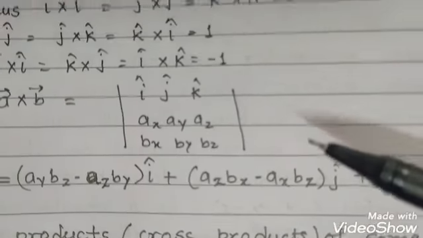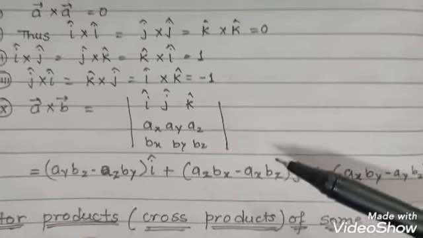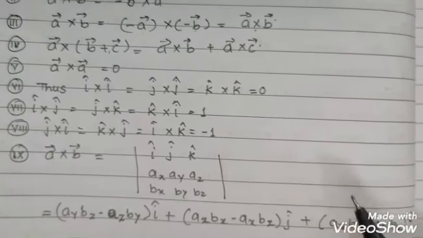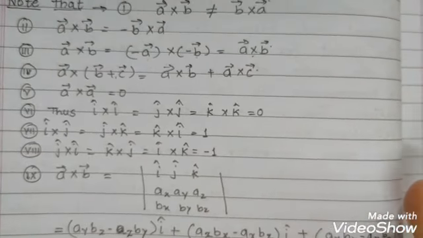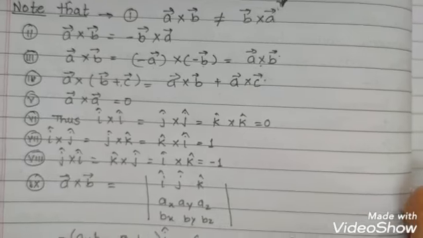All these properties will be used for the vector product of two vectors in this chapter.